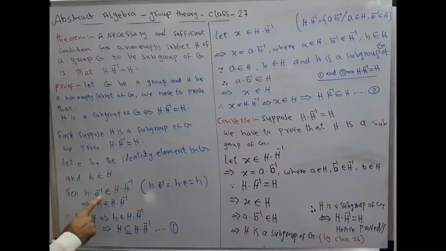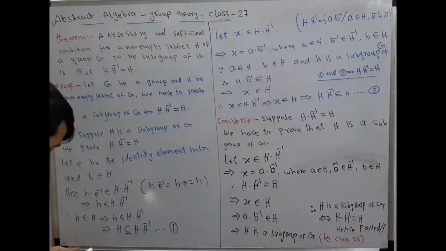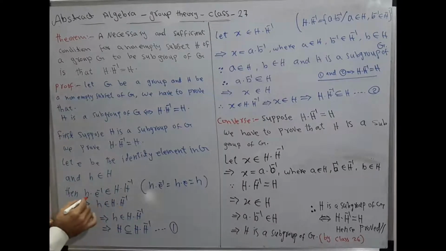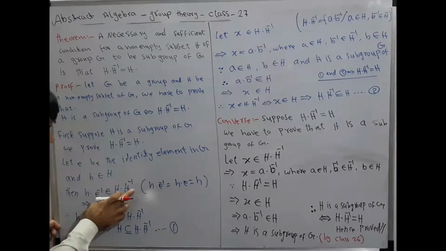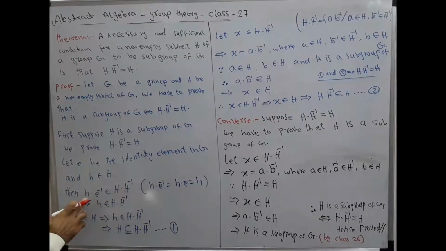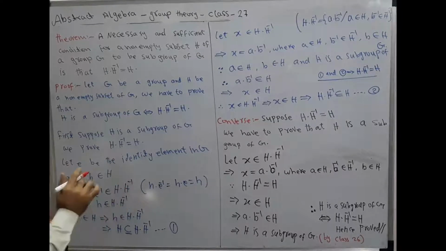Then h into E inverse belongs to H into H inverse. Here h belongs to H, and E inverse also belongs to H inverse. Therefore, h into E inverse belongs to H into H inverse.